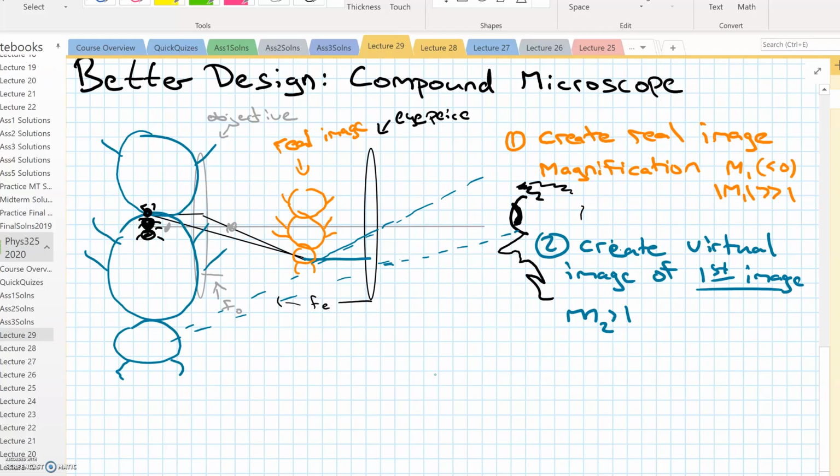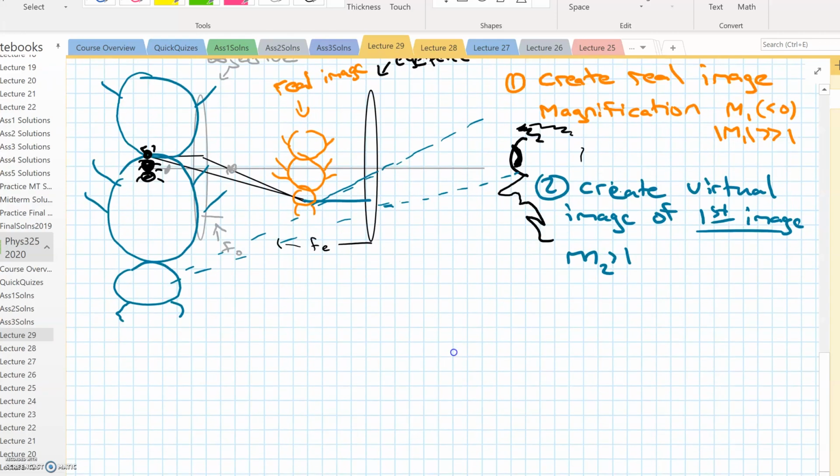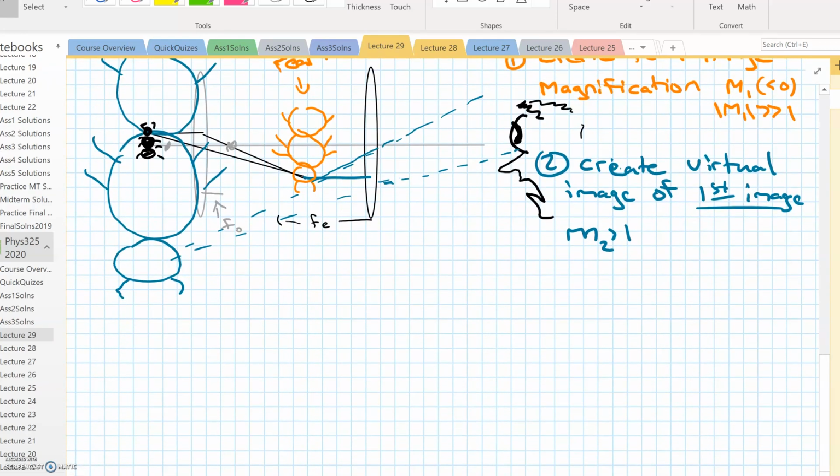So let's try to sketch out what's going on and try to find something quantitative about this microscope. The distance between the two foci here is a standard. Just like there's a standard predefined near point, there's a standard tube length, which is 16 centimeters.